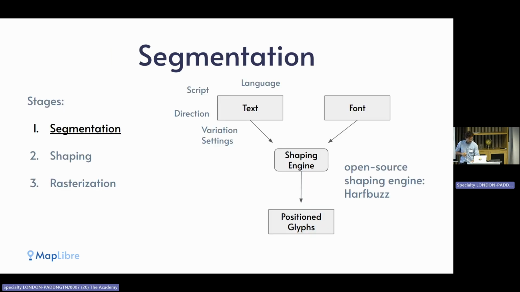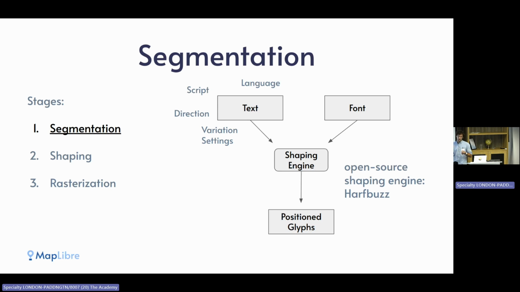So now coming back to the first stage, we see that if you have a shaping engine, what matters is the font, of course, and the text you give it, plus a bunch of settings. These are the language, but can also be the script, say the Latin script, the Cyrillic script, or the Greek script. The direction matters.